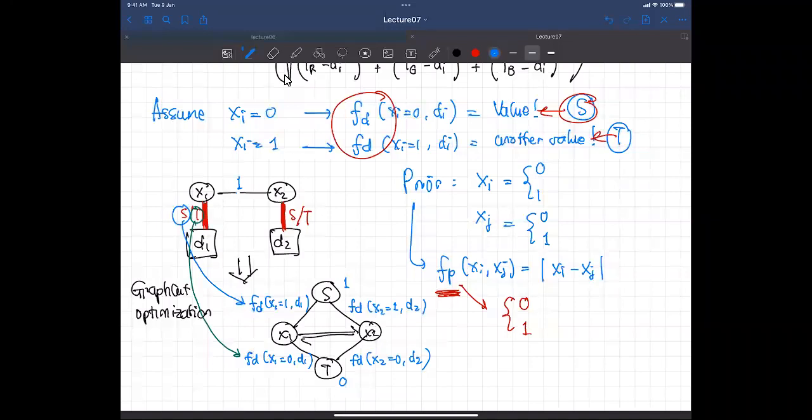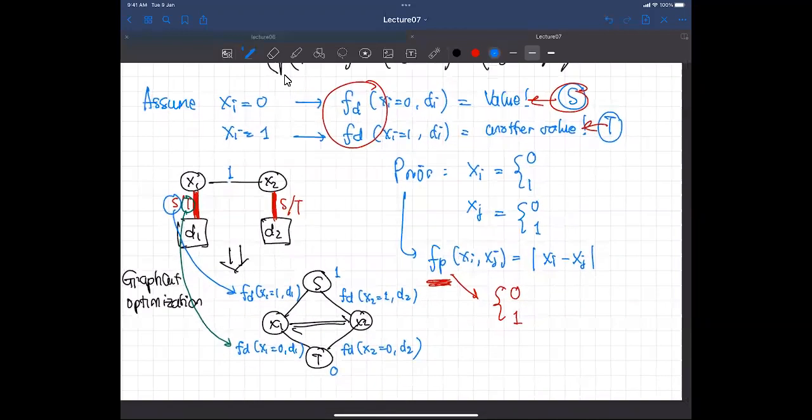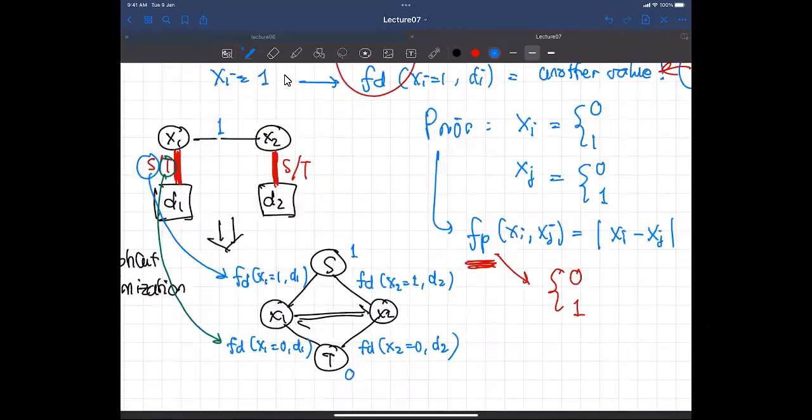Any questions, anyone? And the thing here is equal to fp, and we only have one fp. So fp(x1, x2) is only 1. You can just copy it here. If there are two nodes and two edges, then you just copy and assume that on one pair. Any questions here, anyone?